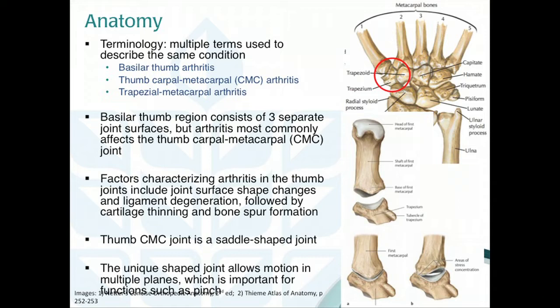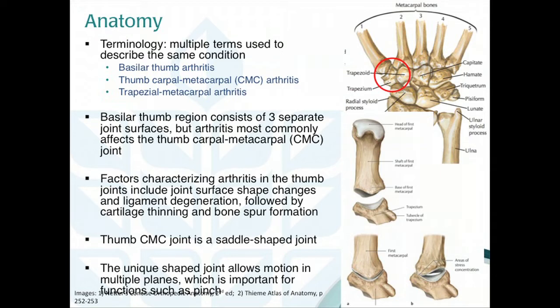So if you look on the right side, this is a schematic of the bones in the wrist and hand region. So this is the area of interest. This is the basilar thumb region. The reason that we have multiple terminologies describing that is because this bone is called the metacarpal, and then these little bones are called the carpal bones.